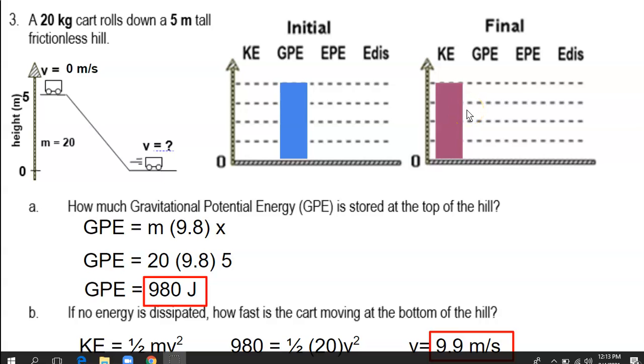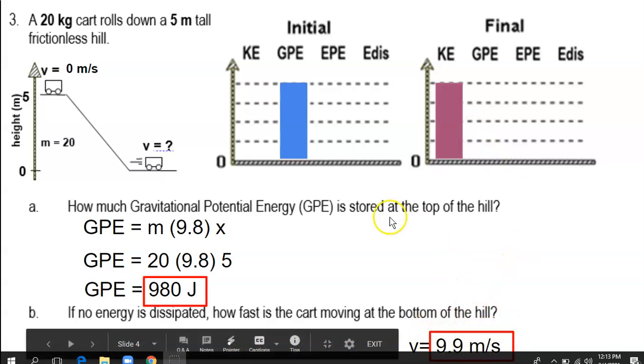So 980 joules of kinetic energy equals 1/2 times 20 times v squared, and that 20, of course, was the mass. So do 0.5 times 20, that's 10. Divide both sides by 10, that's 98, and then take the square root of 98. That gives you a velocity of 9.9 meters per second.